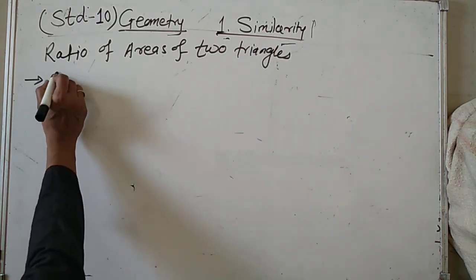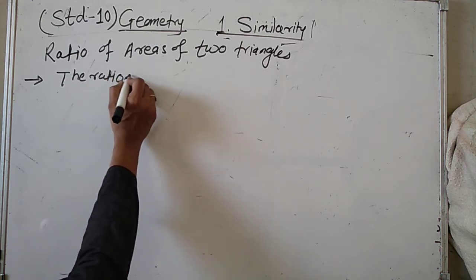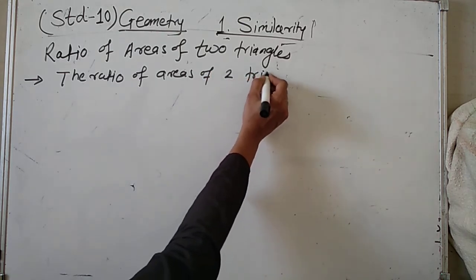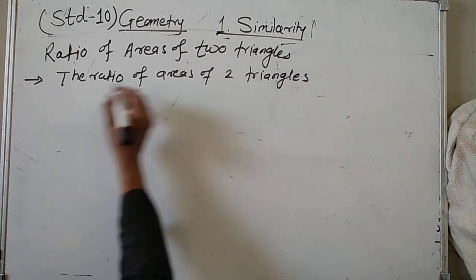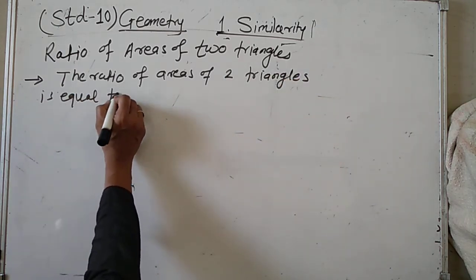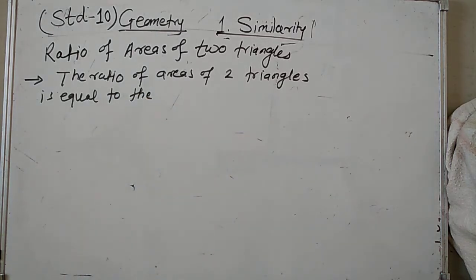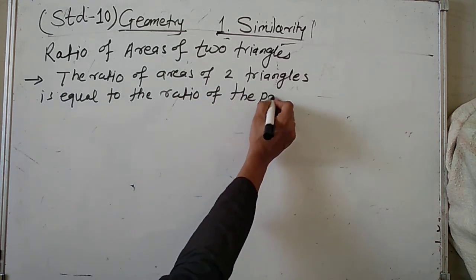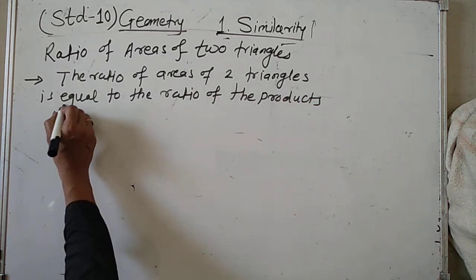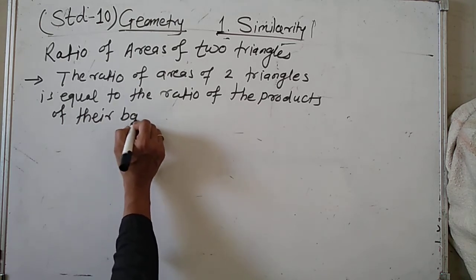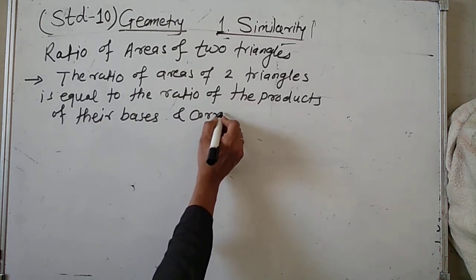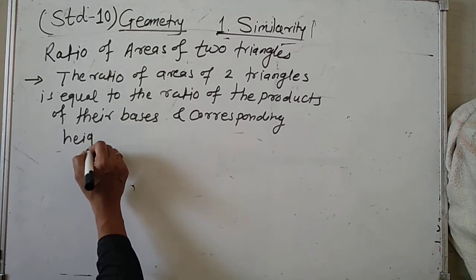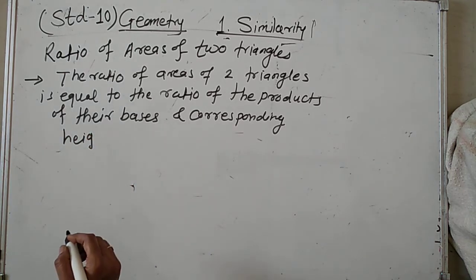The statement is that the ratio of areas of two triangles is equal to the ratio of the products of their bases and corresponding heights.